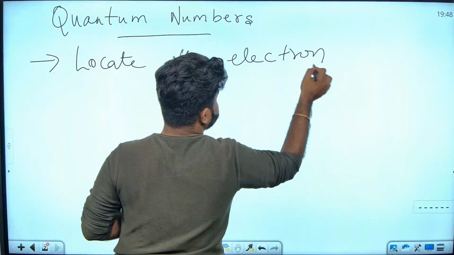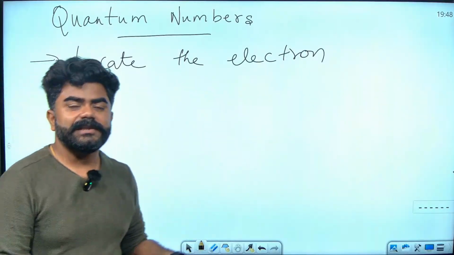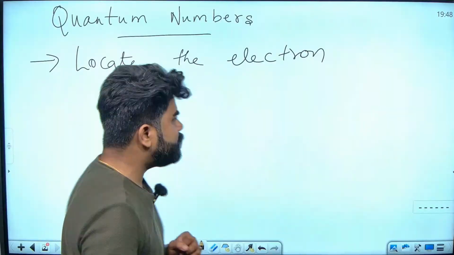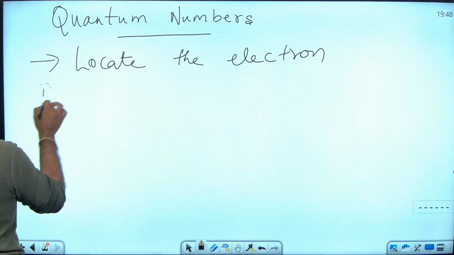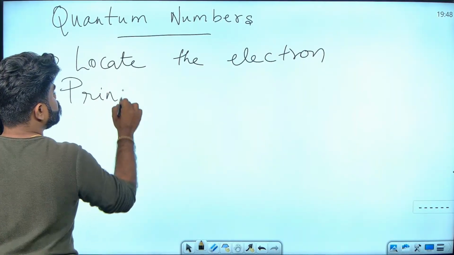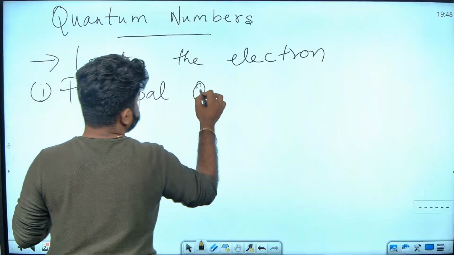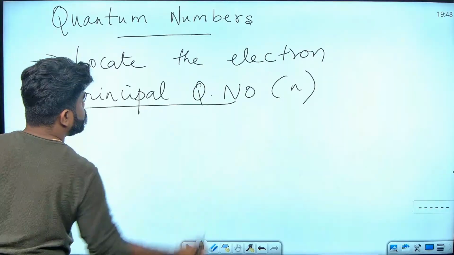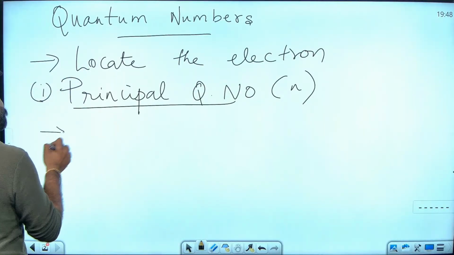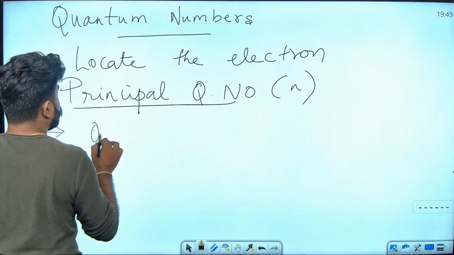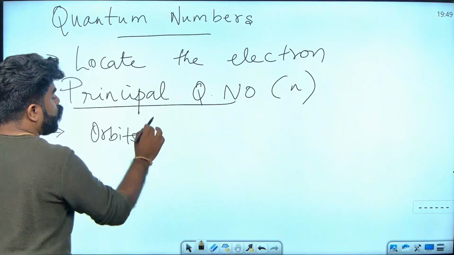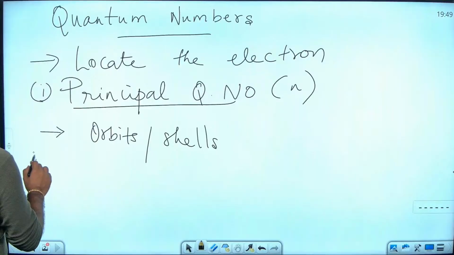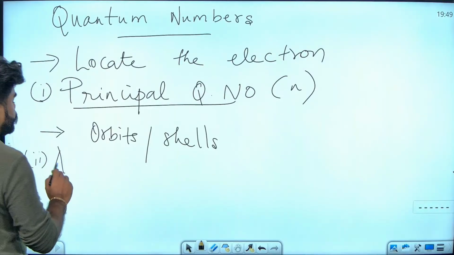That is, the complete address: which shell the electron is in, and which orbital it is in, we can get these details from quantum numbers. What are the types of quantum numbers? The first one is principal, denoted by the principal quantum number n. Principal quantum number talks about the orbits or shells in which the electrons are present. Second quantum number? Azimuthal quantum number.